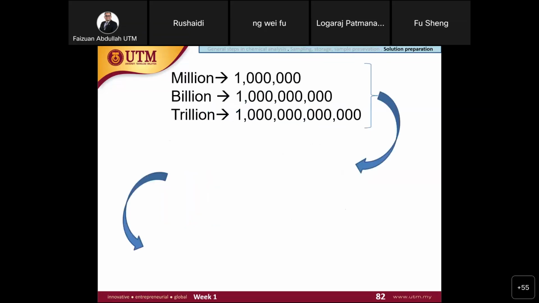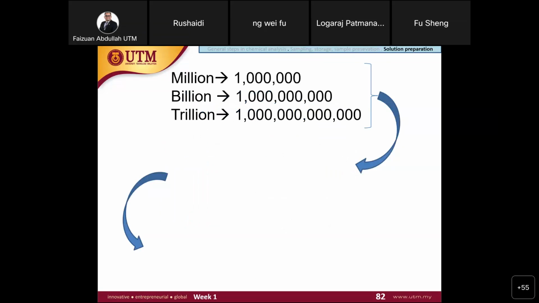So a million is 1 with 6 zeros. What about billion? We have 9 zeros. What about trillion? We have 12 zeros.